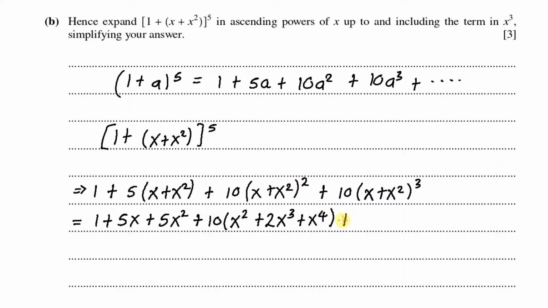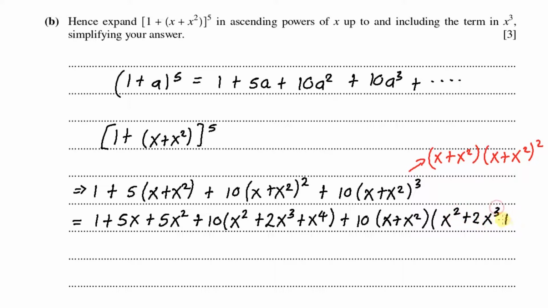Then plus 10 of (x + x squared) cubed, which is (x + x squared) times (x + x squared) squared, and we've already obtained (x + x squared) squared, which is x squared + 2x cubed + x to the power of 4. So this is what we have.